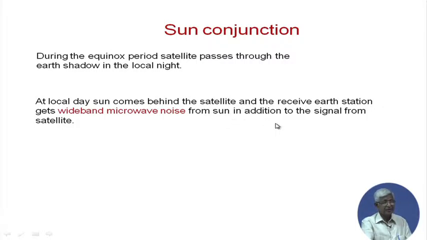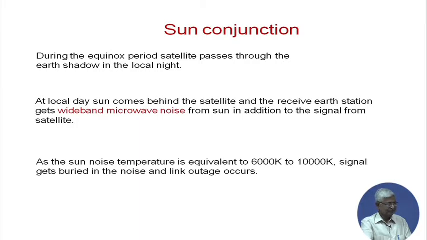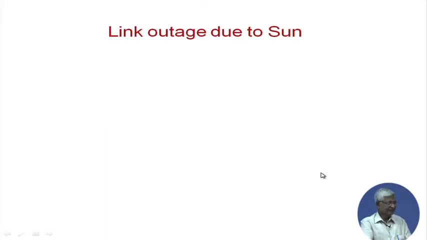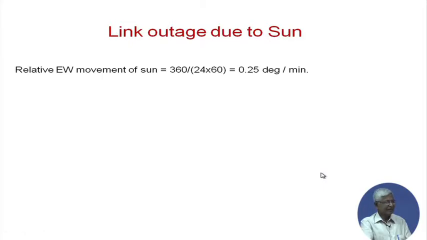So that noise will bury the signal. This sun noise temperature is roughly about 6000 K to 10,000 K, rough numbers. The signal gets buried in the noise. Now this can be calculated, and during that time the link will be out.